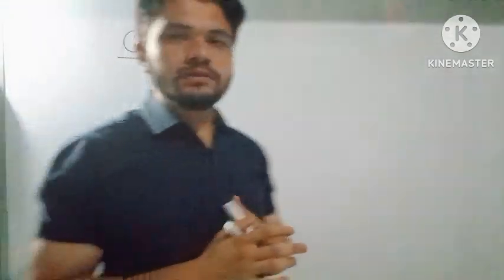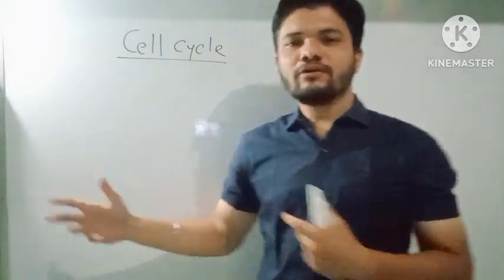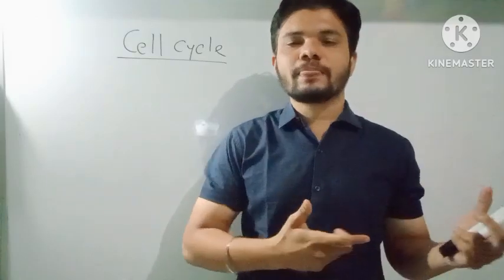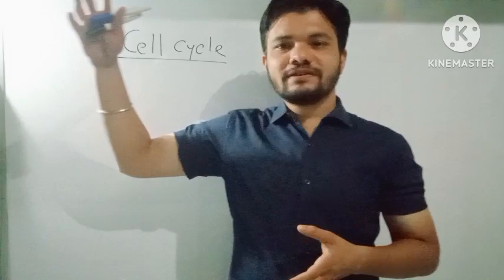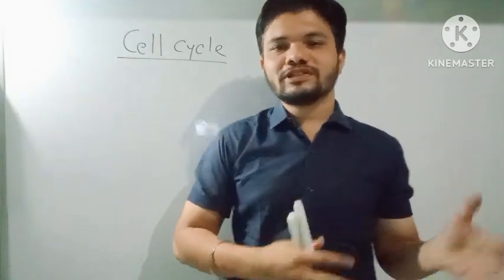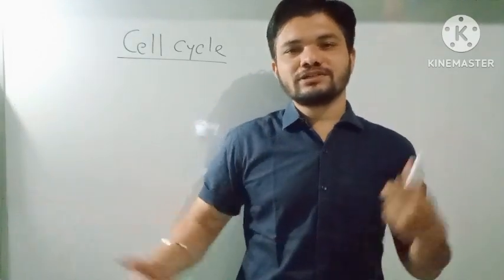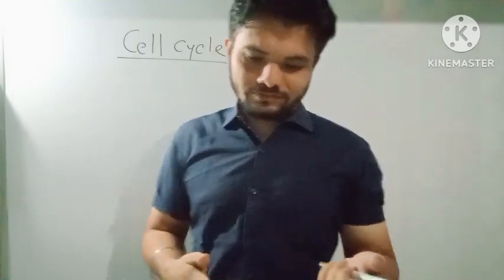What is the cell cycle? Just like we have our life cycle, we came to this life and we are growing from our childhood to our teenage to the reproductive age, adult life.